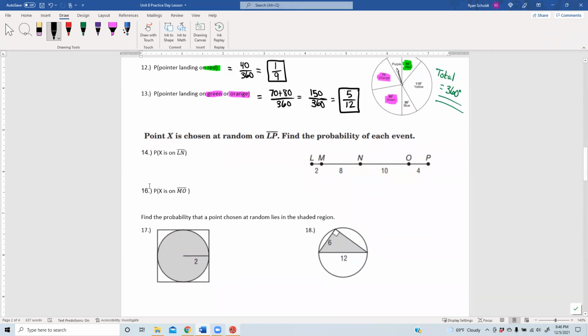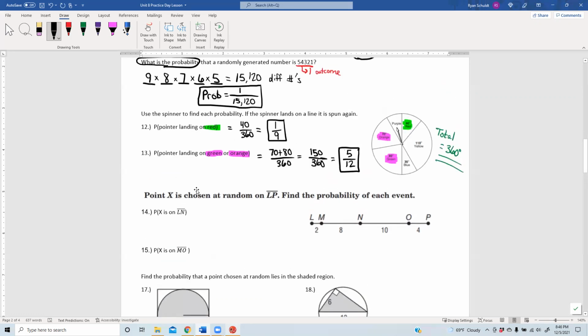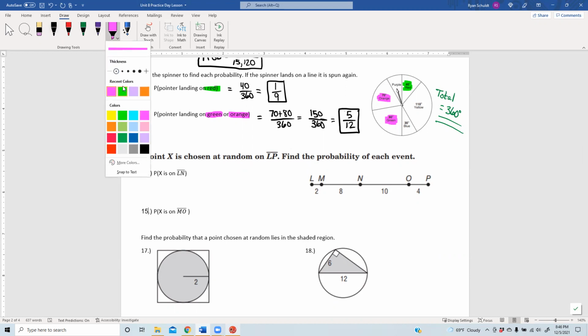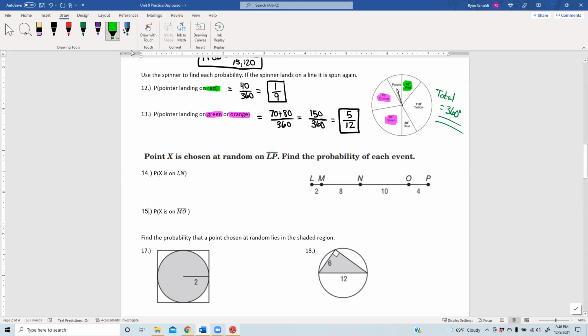Okay, 14, I should say 14 and 15. Point X is chosen at random on LP. Find the probability of each event. 14 asks the probability that X is on LN. So LN would be this distance right here.